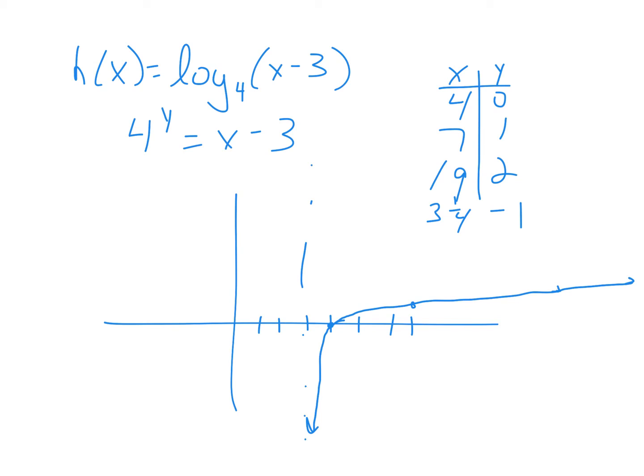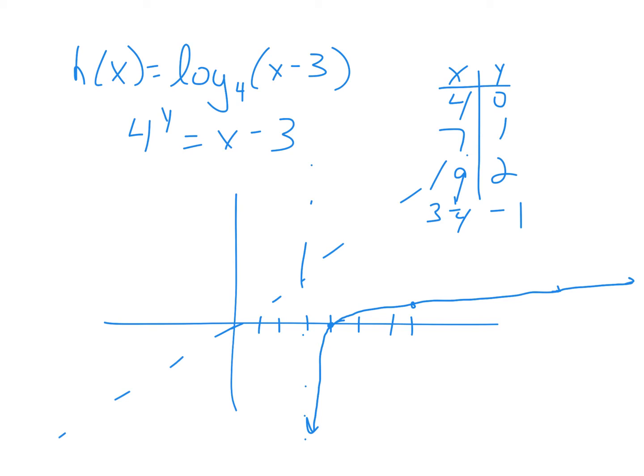Excuse me, it does not reflect over the origin. It reflects over y equal to x, the line. So it reflects right over that line. You don't need to draw that line, but the original logarithmic function reflects right over that line. In this case, it moves over a little bit because of our shift to the right 3 of our original function. So that's what the graph looks like.